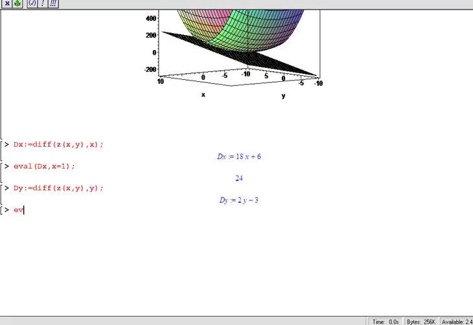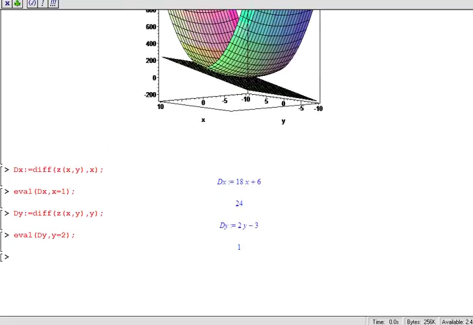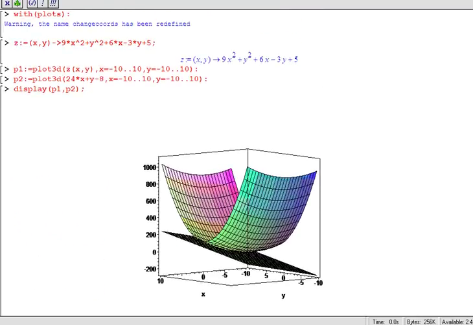And we'll evaluate it. Again, that's the same thing we got. And this time y is 2. Now we got 1. So that checks. All that checks. So we can do partials with Maple, and then we can plug the numbers in that we need. So that's how we can graph the surface and the tangent plane to the surface.